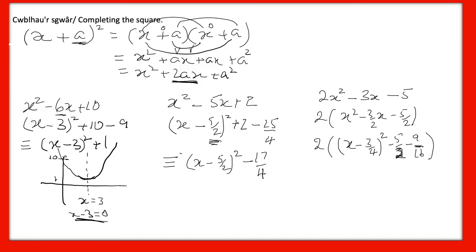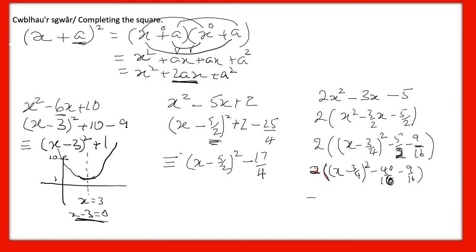Now, in order to subtract those two bits, minus 5 over 2 minus 9 over 16, I've got to have them both over 16. So if I make the 5 over 2 over 16, it's going to be minus 40. And I'll actually write that in. So 2 bracket, x minus 3 over 4 all squared minus 40 over 16 minus 9 over 16.